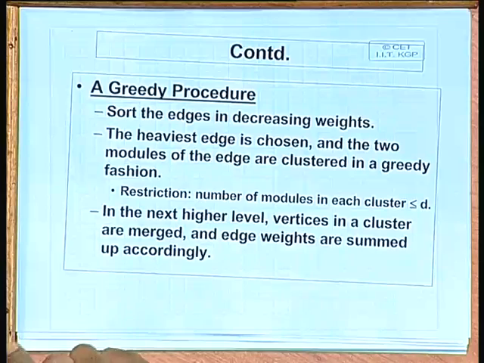Finally, when you reach the root, you have a single node which is a union of all the blocks, and that node will represent your total floor plan. So, in this approach, as you move from the individual blocks, the leaf nodes, towards the root, your floor plan is getting constructed slowly, step by step, in a hierarchical fashion. Now, one simple way of implementing this is to have a greedy procedure.